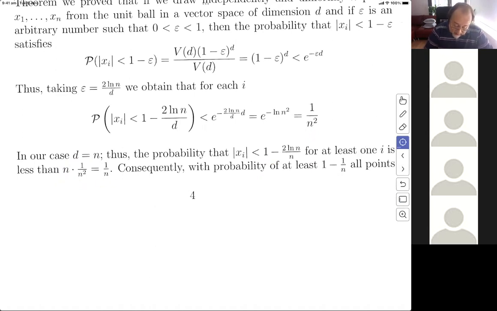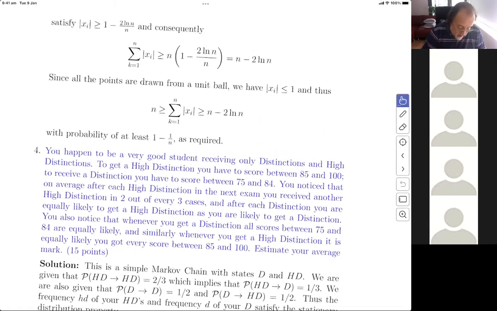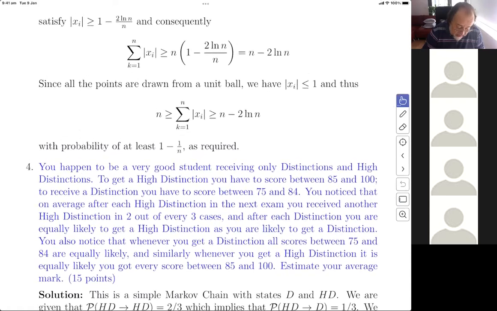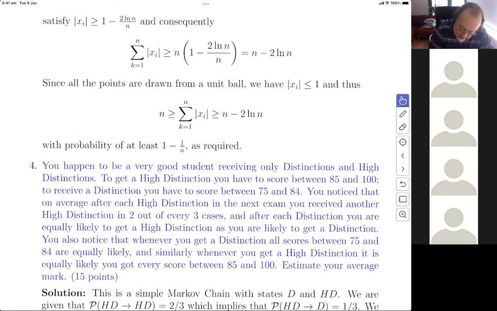Consequently, with probability of at least 1 minus 1 over n, each of them satisfies that the length of xi is bigger than 1 minus 2 log n over n.